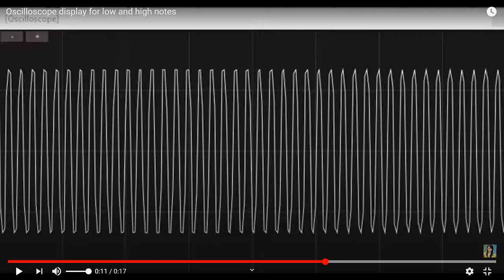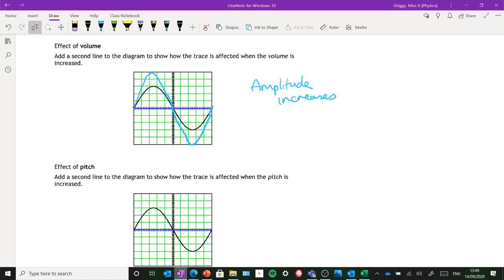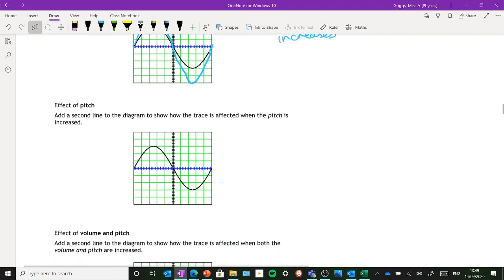So the width is actually getting smaller. If we go back here again, the effect of pitch. We want the same height this time, but we want more waves. So make sure it's the same height, but thinner waves. The frequency is increasing. There's more waves per second.